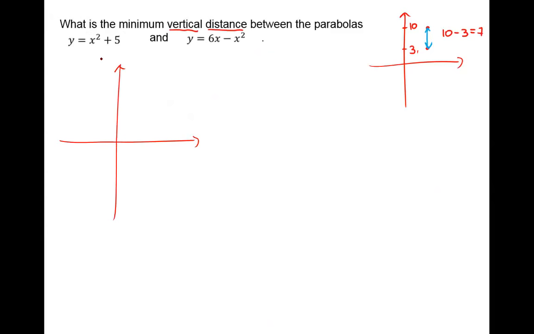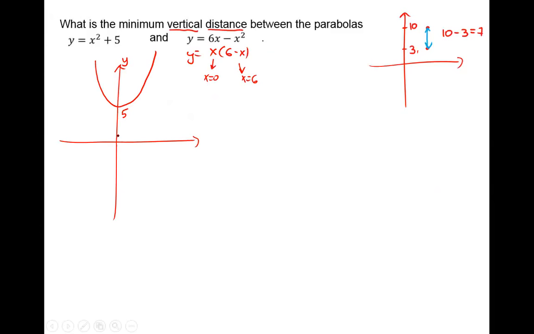Parabola x squared plus 5 is simply the parabola which is shifted 5 units up. The other one, 6x minus x squared, would be nice to find zeros. That means I will factor out x, and I see that x is 0 and x is 6. That means those are the zeros of the parabola. And I also see that the leading coefficient is negative.